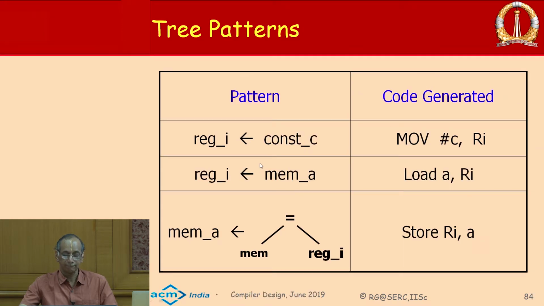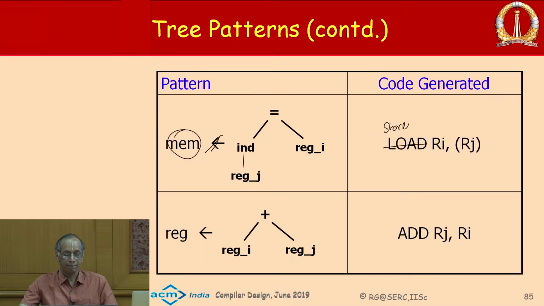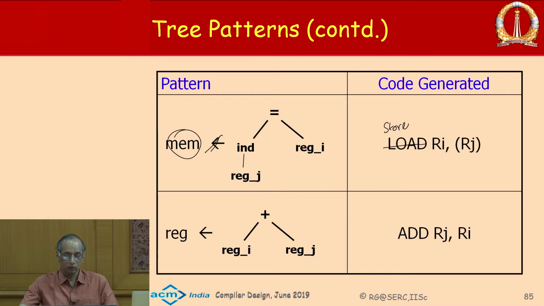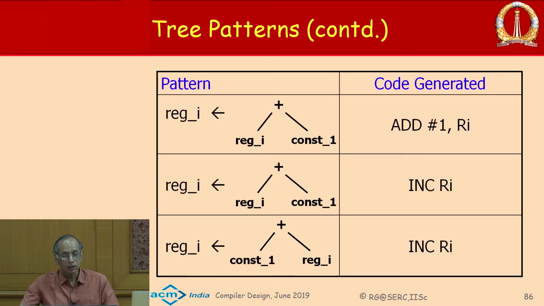Now, there are more things here. For example, if you have a register and you want to add a constant 1 to it, then you can say add #1 to Ri, or you could replace it by an increment instruction if such a thing exists.